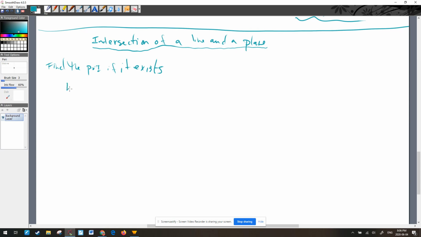I'm going to say that L1, the line, I'm going to give it to you in parametric form. So we have x equals 4 minus 1t, y equals 6 plus 2t, and z is equal to negative 2 plus 1t.